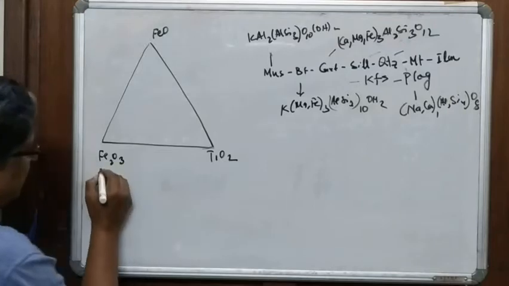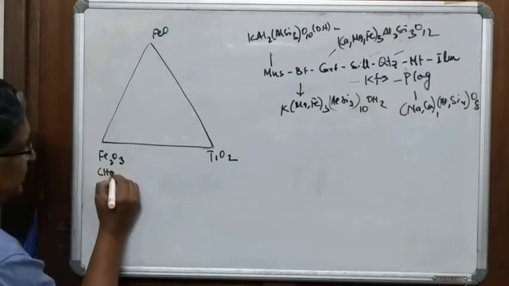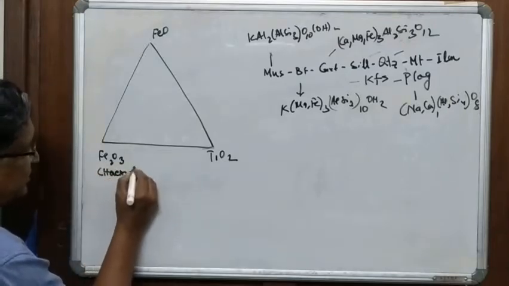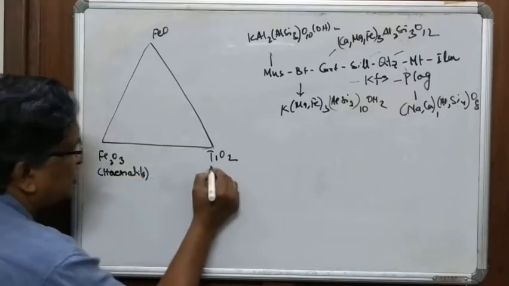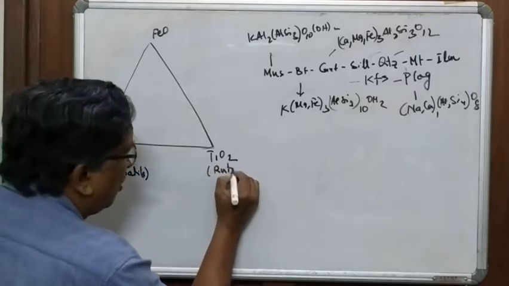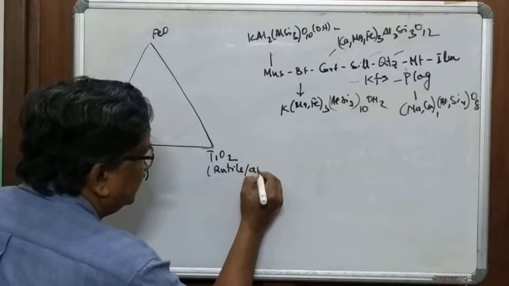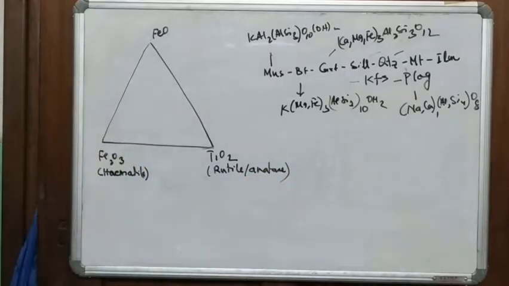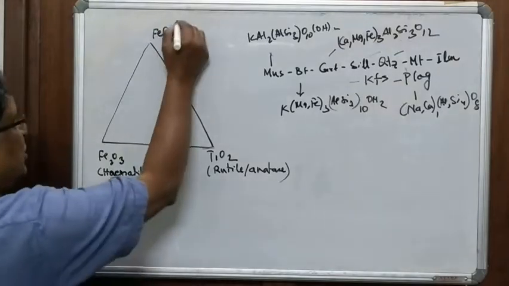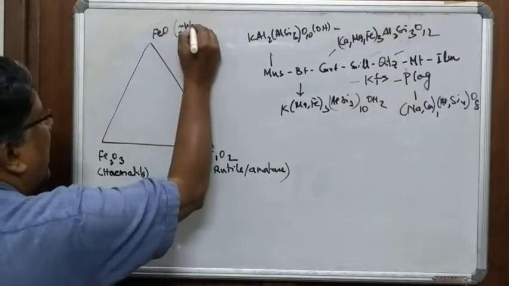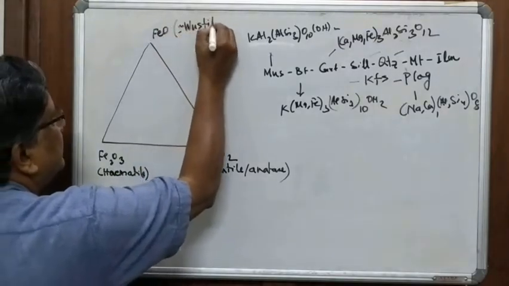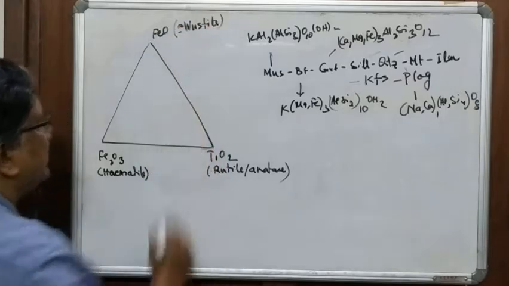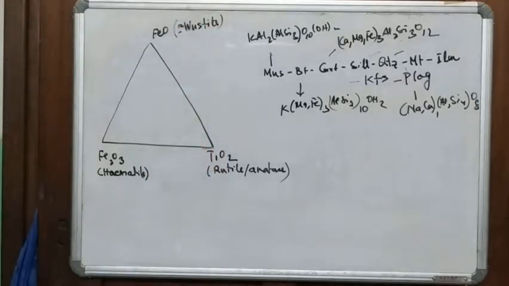So as you know, this is hematite. This is rutile or anatase. And this is very close to the formula of wustite, very close, not the actual formula, it's wustite.